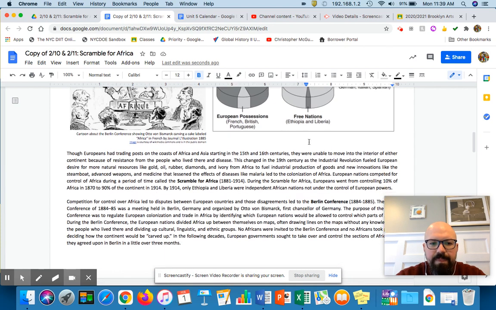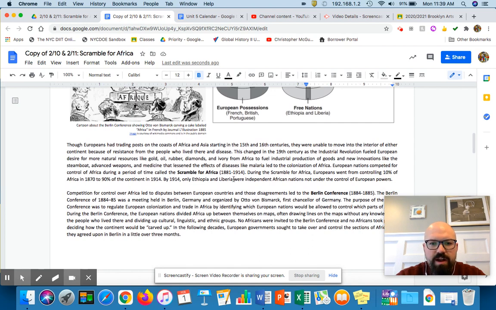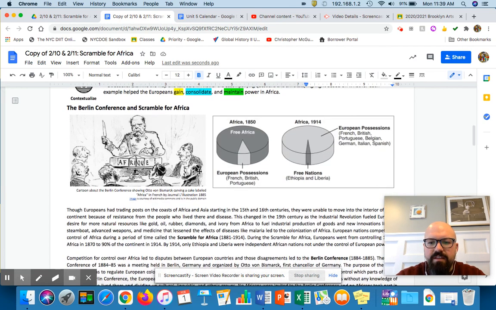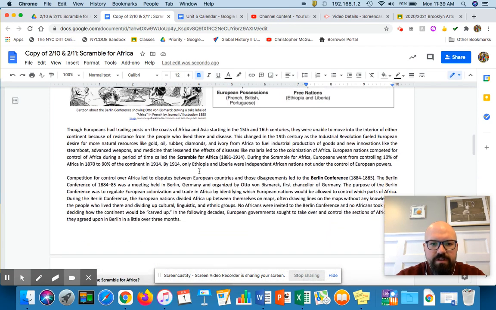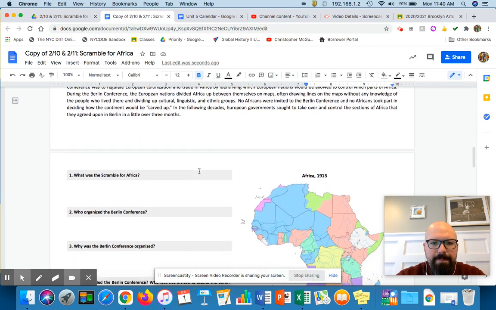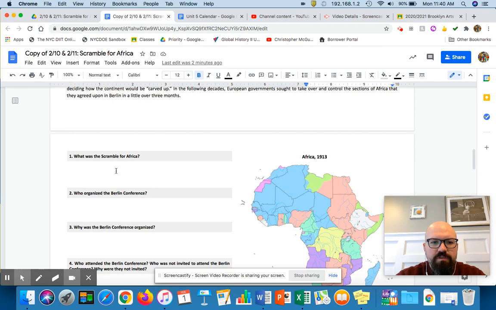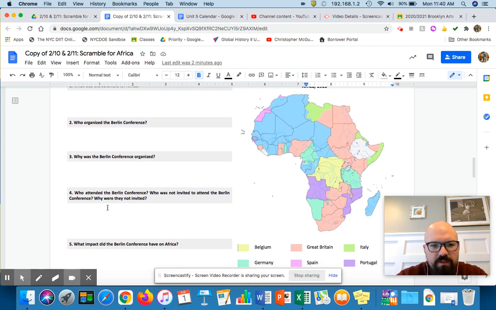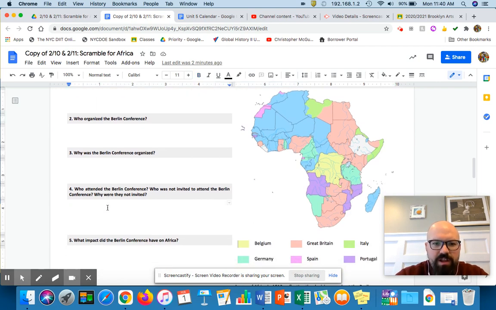Okay, so again, as you're reading through these 2 paragraphs on the Berlin Conference and the Scramble of Africa, please highlight based on the gaining, consolidating, and maintaining, the yellow, blue, and green. Okay, you do have a couple questions here. What was the Scramble for Africa? Who organized the Berlin Conference? Why was the Berlin Conference organized? Right, this is important. Who attended the Berlin Conference?